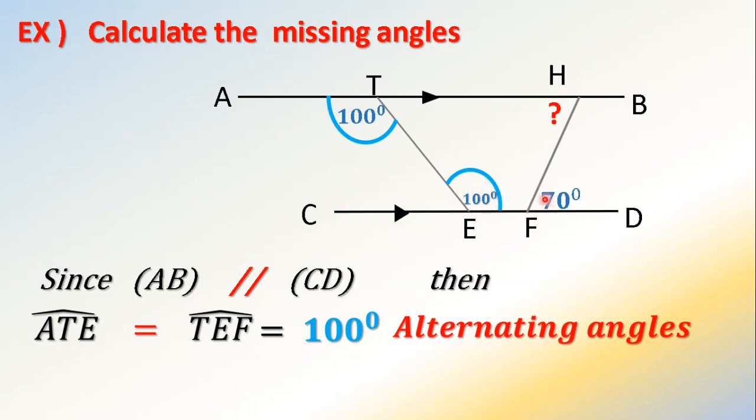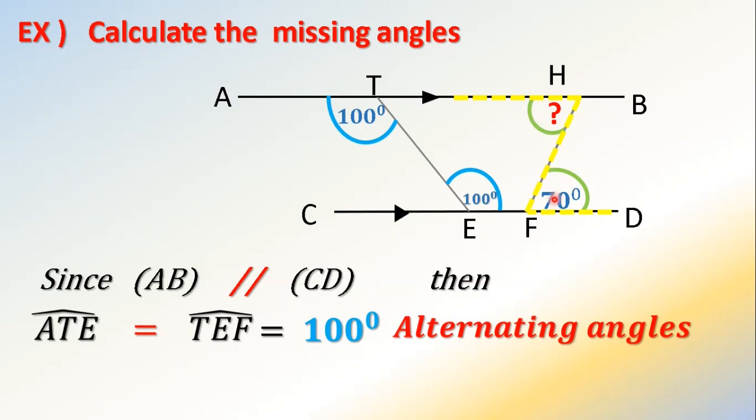Very good. And now how can you find the measure of angle THF? By the same way, we can say that AB and CD are parallel, and HF cuts these two parallel lines. So, if we look at the figure, we can say that this angle and this angle are alternating angles.